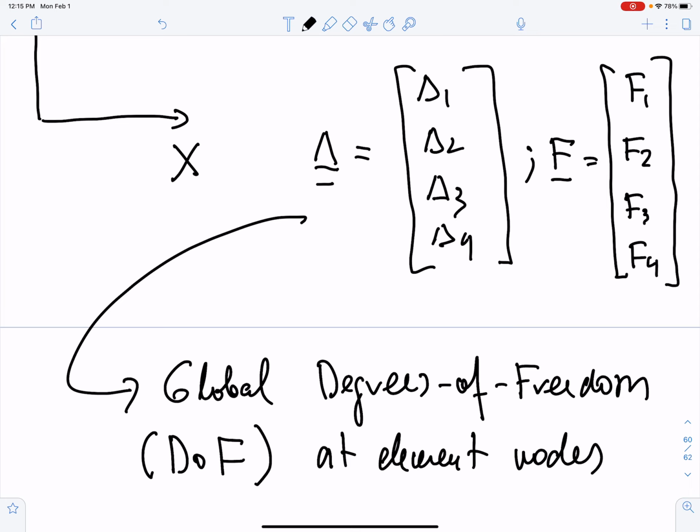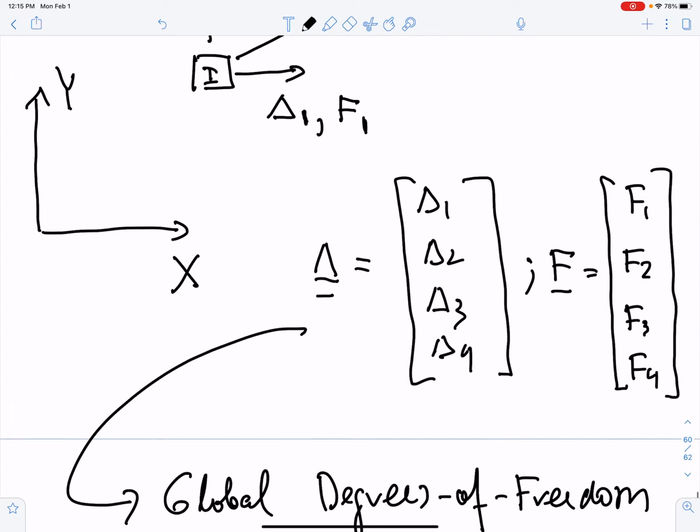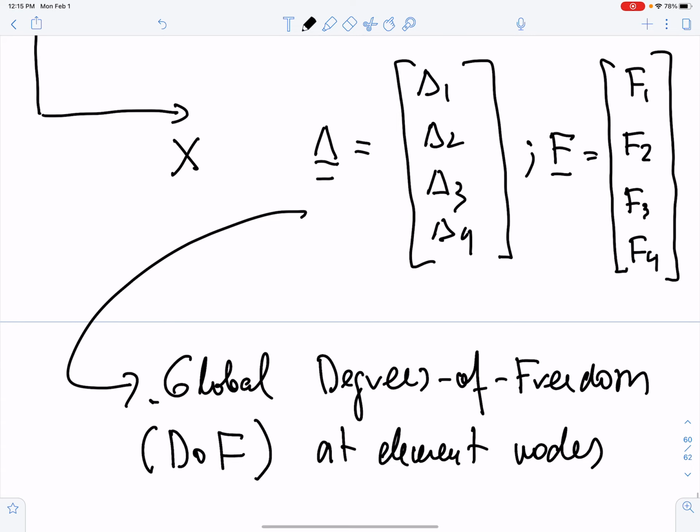These are displacements and forces defined at element end nodes i and j, referred to the global coordinate system, which is why they are referred to as the global degrees of freedom.